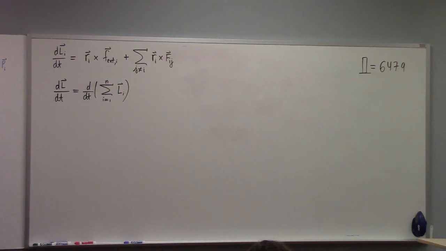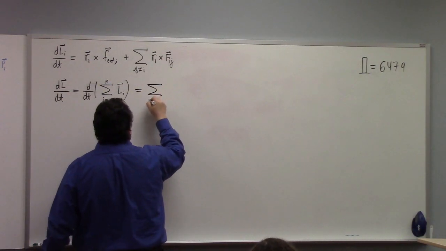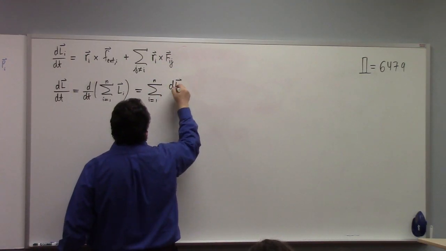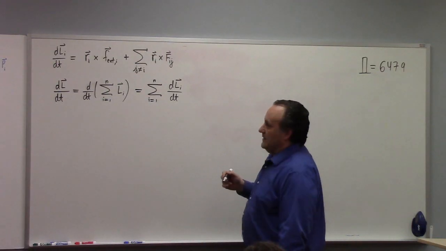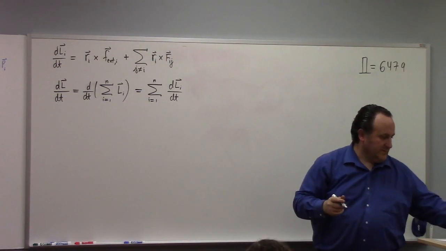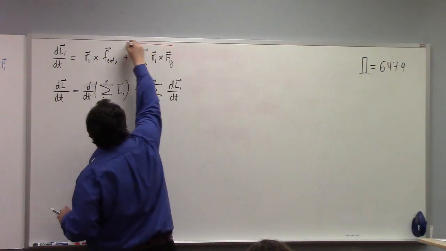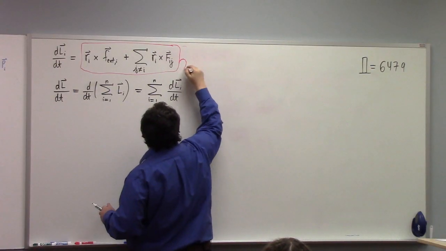And because the derivative is linear, we can pull the summation outside of the derivative, like so. And then we've got dLi dt like this. But we already know what dLi dt is. It's right above here. We can take all this stuff right here, and that goes right there.